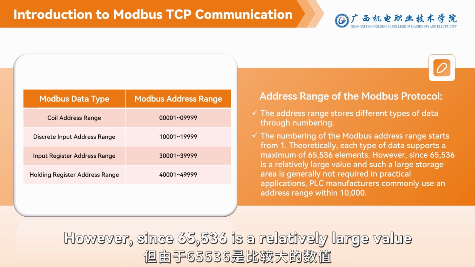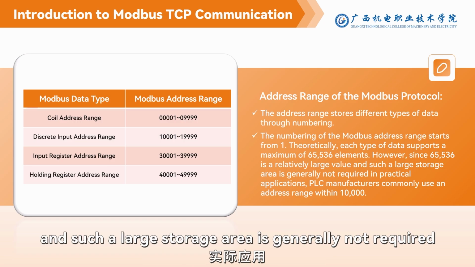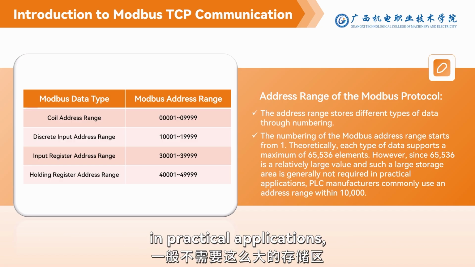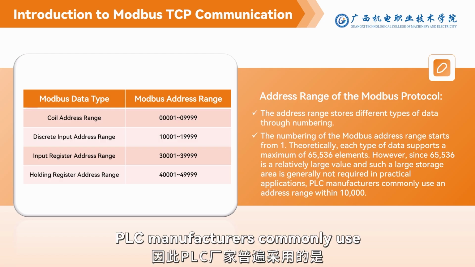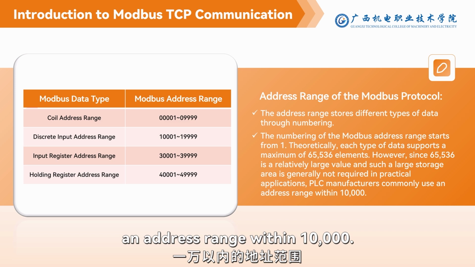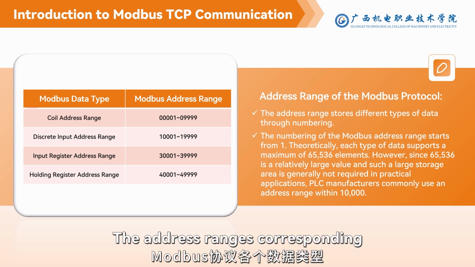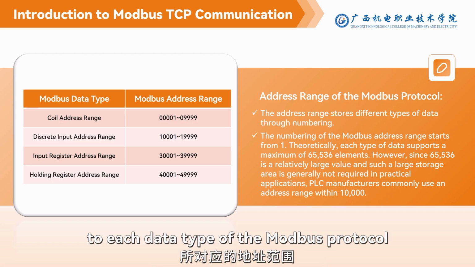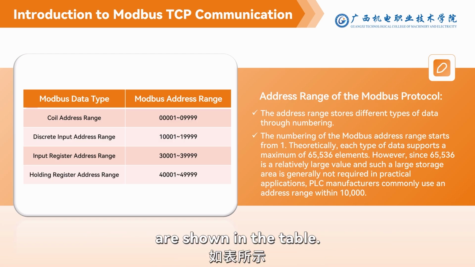However, since 65536 is a relatively large value, and such a large storage area is generally not required in practical applications, PLC manufacturers commonly use an address range with 10000. The address ranges corresponding to each data type of the Modbus protocol are shown in a table.